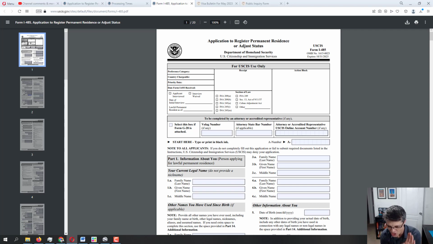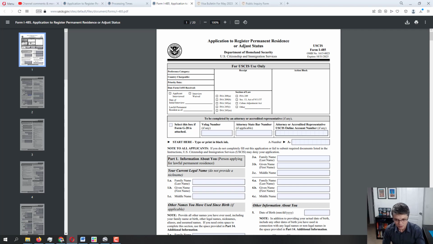You can submit just the I-130 and then wait while it's being processed, while all the financials are established, the relationship is established by USCIS, and then the National Visa Center gives you an option to submit the I-485, basically to register the permanent residence because the person is already here.